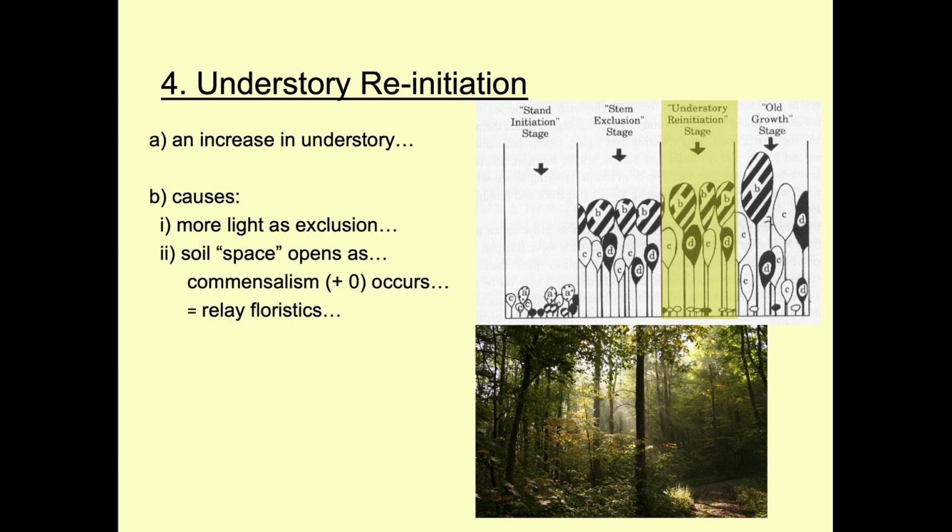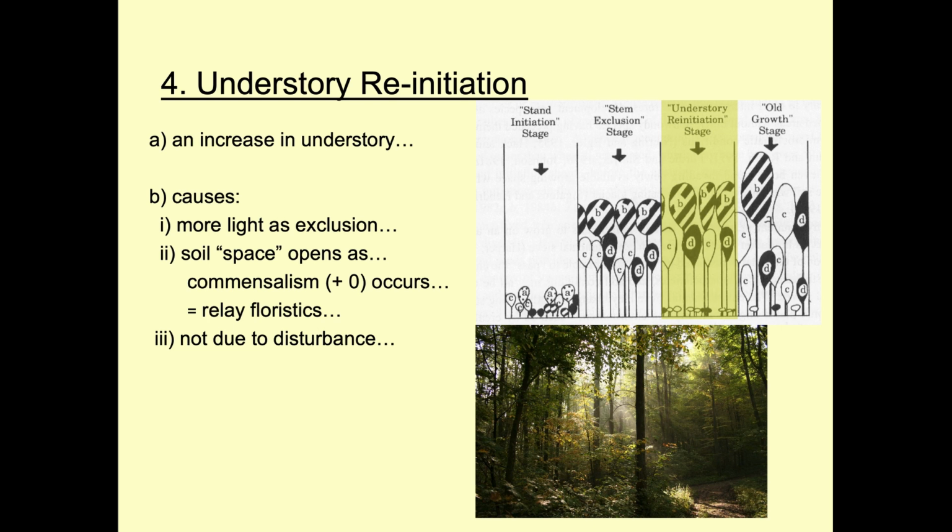So this is going to be an example of relay floristics as well. You're going to have this almost relay race in a specific location of different species succeeding each other. Now, these openings are not truly going to be from a disturbance because a disturbance involves many trees dying at once.